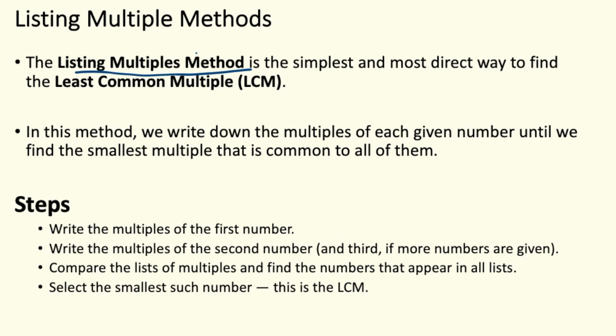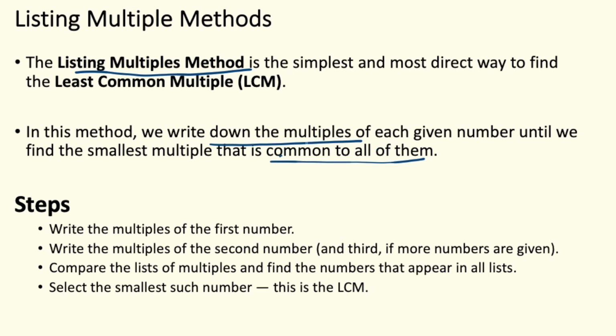The idea is straightforward. We start by writing down the multiples of the numbers we are working with. By doing this, we create lists of values. Once the lists are made, we look through them to find a number that is common to all of them.